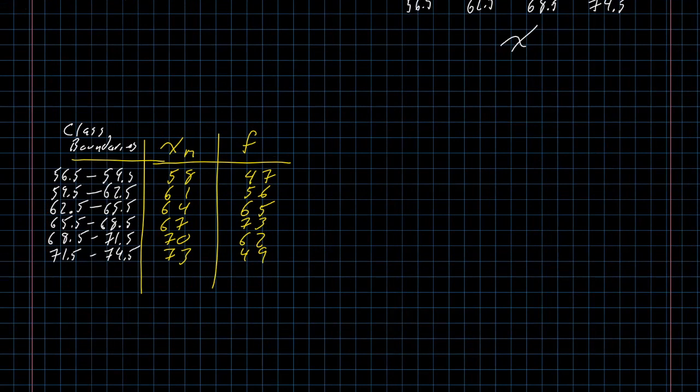It is called a frequency polygon. This particular set of data is not a good application of a frequency polygon because there's just not enough data.